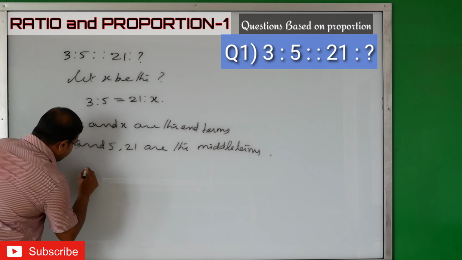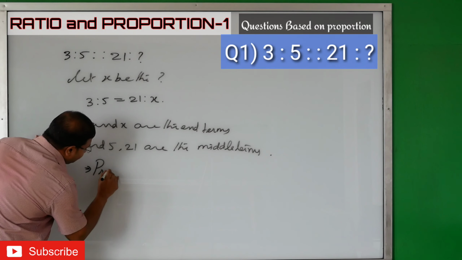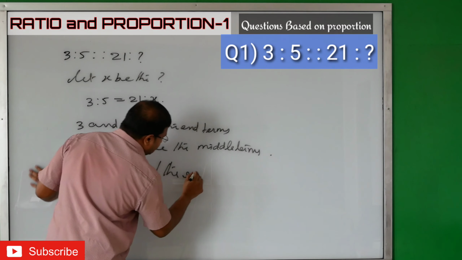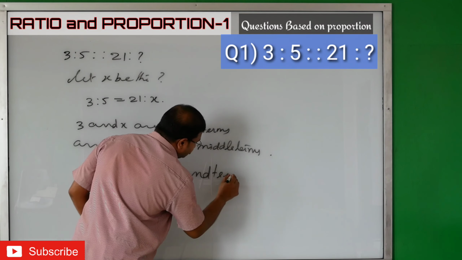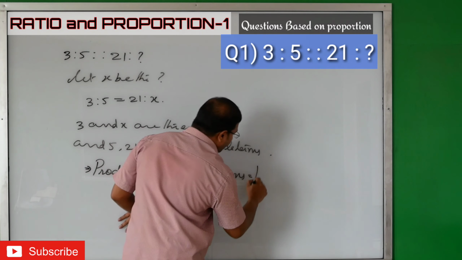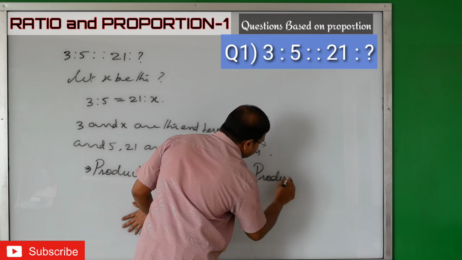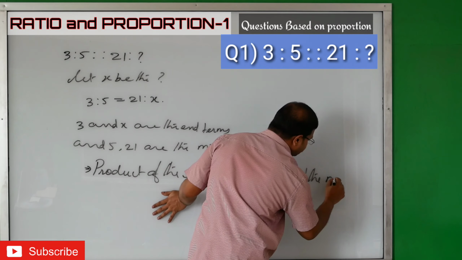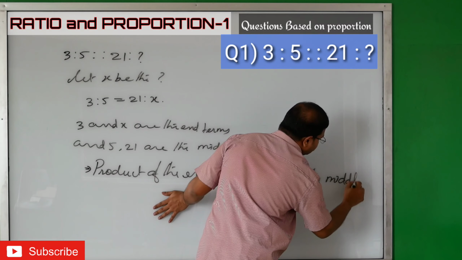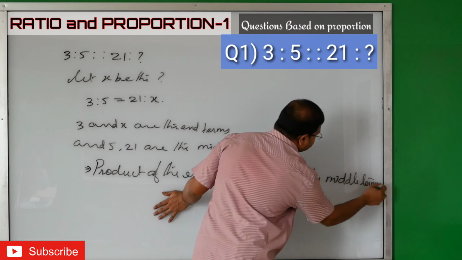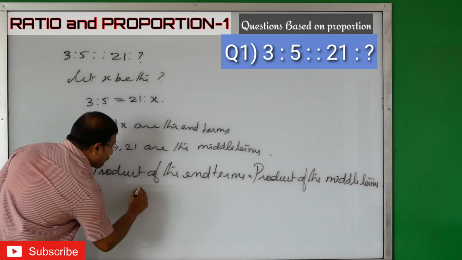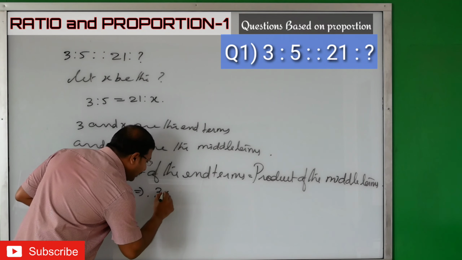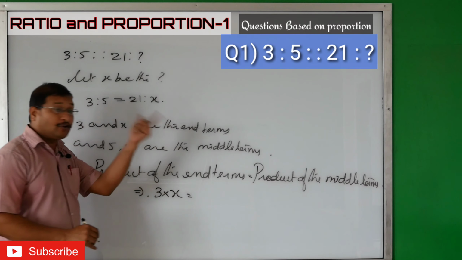So we'll write, this implies product of the end terms equals product of the middle terms. The end terms are 3 and x, that means 3 into x equals product of the middle terms.